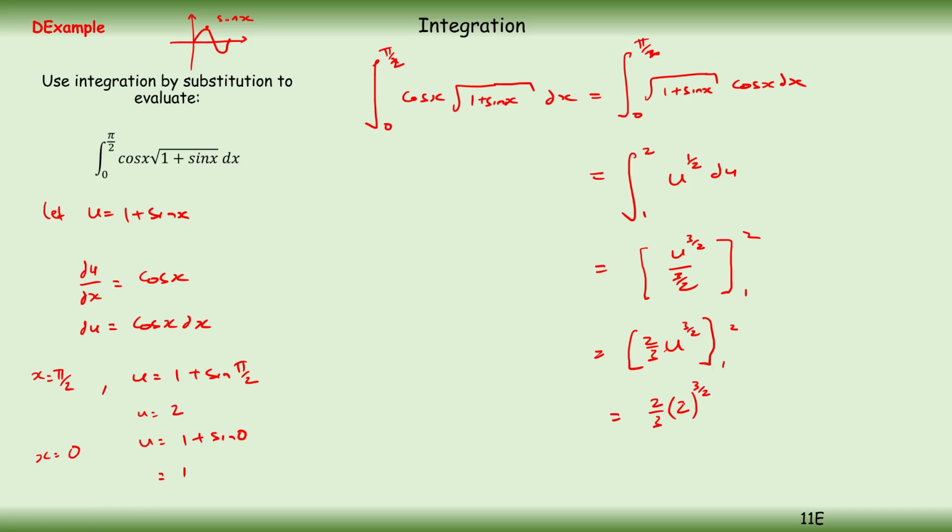Square root of 2 cubed, that's 2 root 2, isn't it? Minus 2/3 of 1, which is just 2/3.